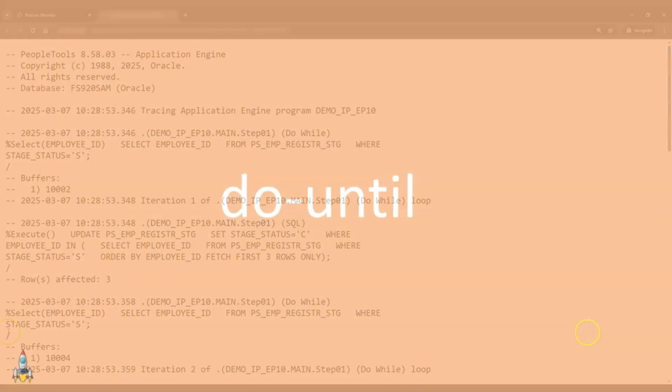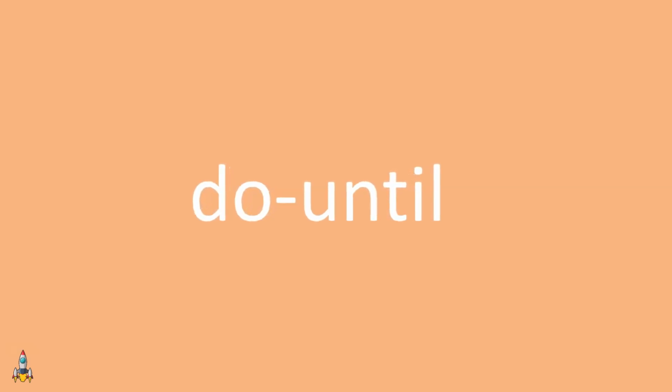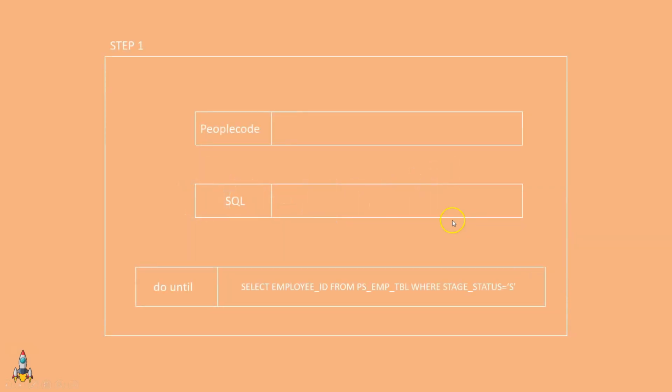And the last action for today is the do until action. So let's study and understand how the do until action works. Let's consider this scenario in which we have step 1 in the application engine program. We have a couple of actions which are PeopleCode and SQL actions, and after this at the end we have this do until action.